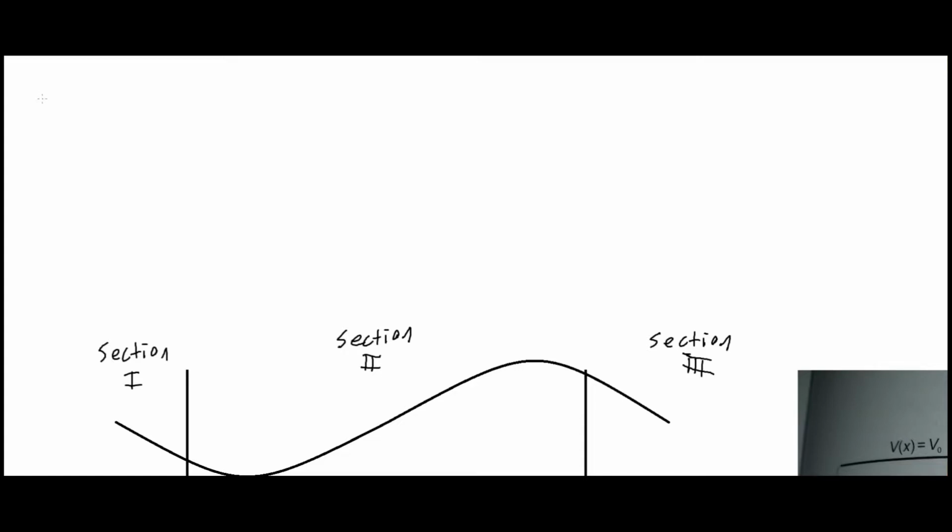And what's illustrative for this one is the differences that it has, and I will point out the two main differences. The first one is that the wave function psi is not equal to zero at the boundaries.